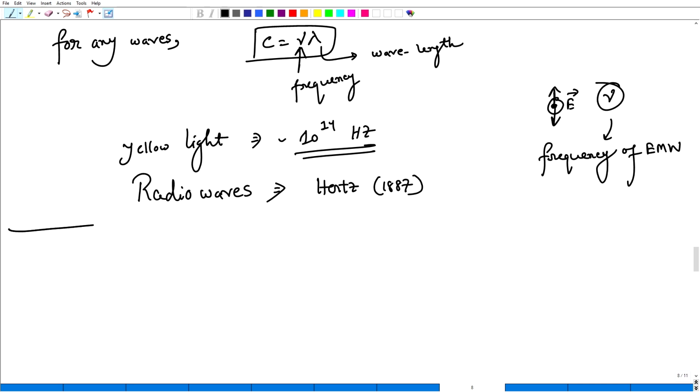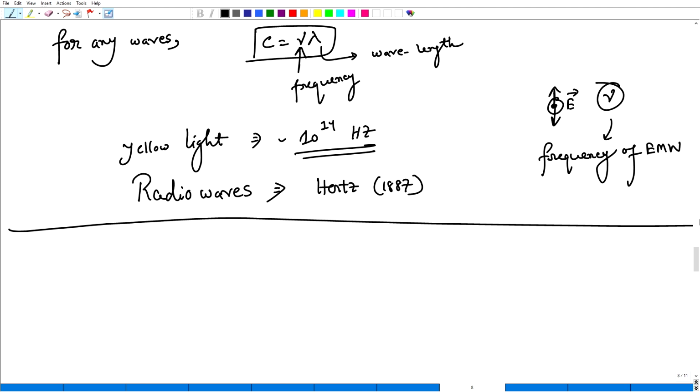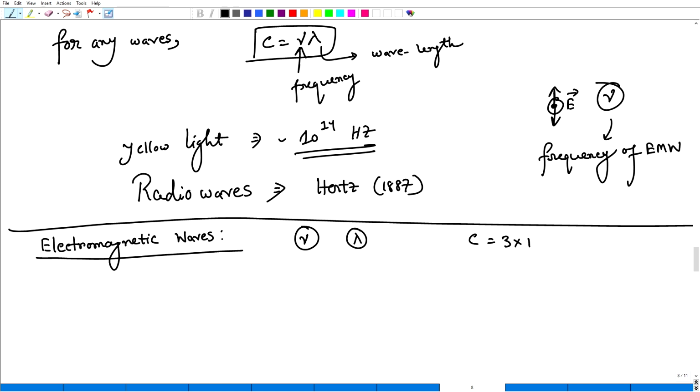Now, what is the range of our electromagnetic waves, that we have to understand. Frequency and lambda, these two are very important parameters. We are considering c equals 3 into 10 to the power 8.